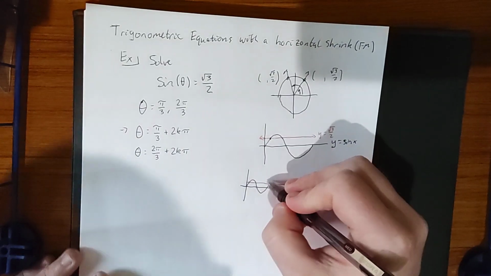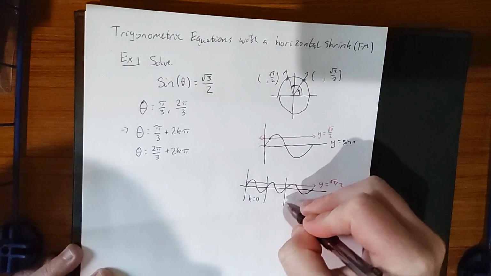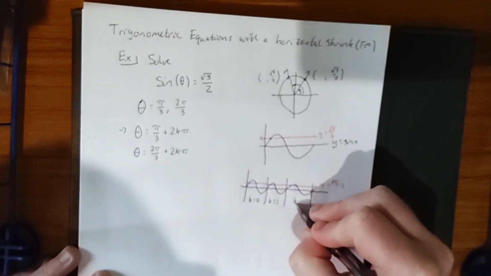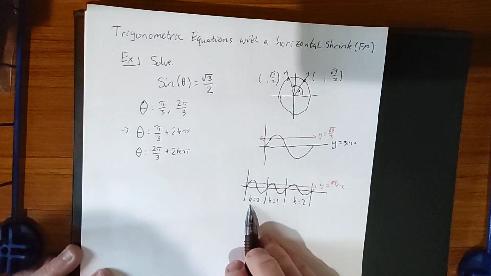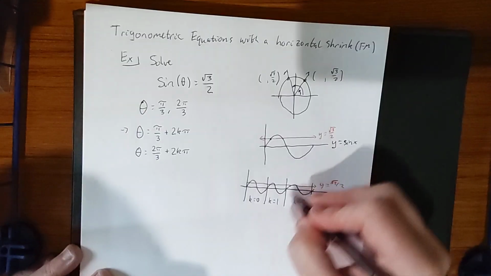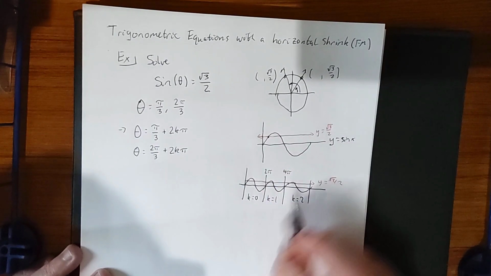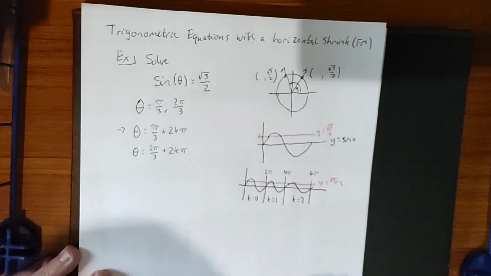Now, what each of these actually represents is a number of full rotations that has actually occurred up until this point. So, for example, between 0 and 2 pi would be considered k is equal to 0. Between 2 pi and 4 pi would be considered k equals 1. Between 4 pi and 6 pi would be considered k equals 2.